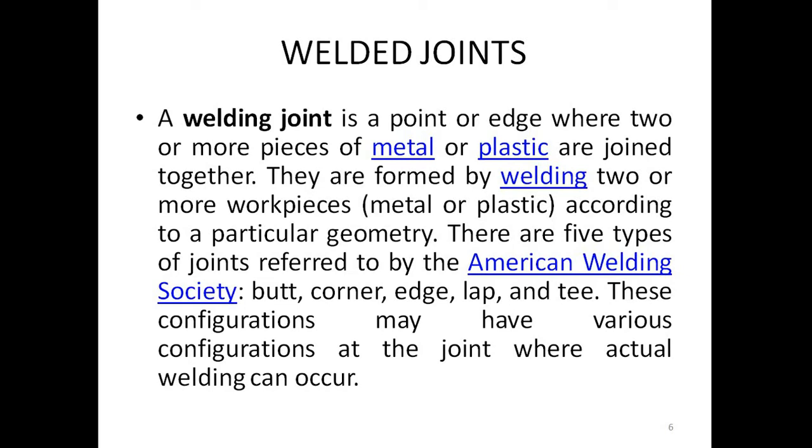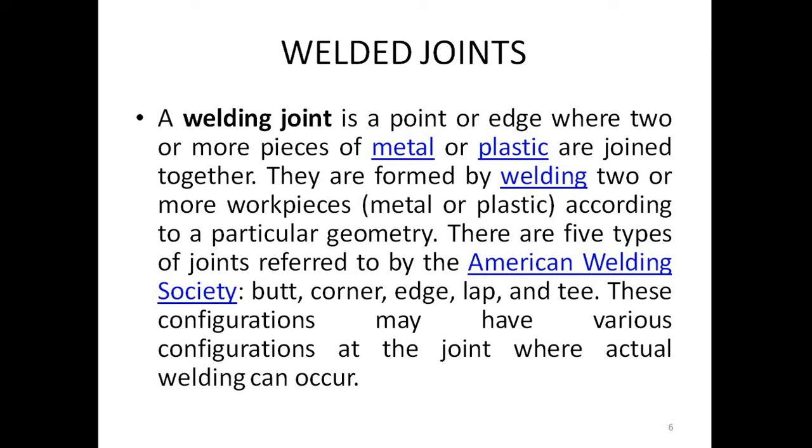There are five types of joints referred by the American Welding Society, and they are butt welded joint, corner welded joint, third one is edge welded joint, fourth one is lap welded joint, fifth one is T welded joint. These configurations may have various configurations at the joint where actual welding can occur.